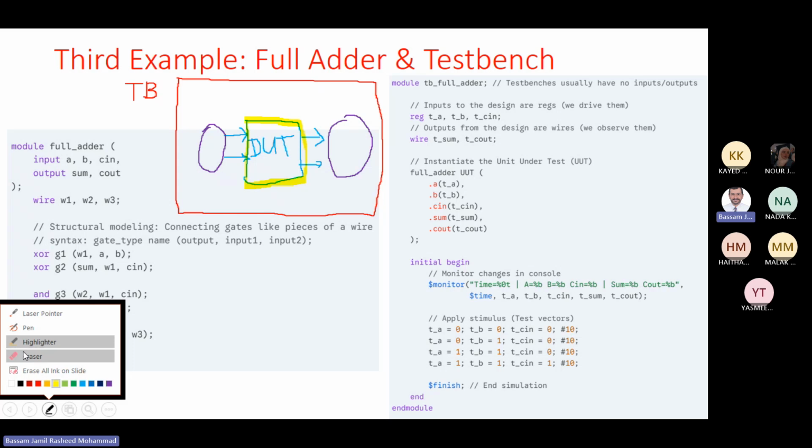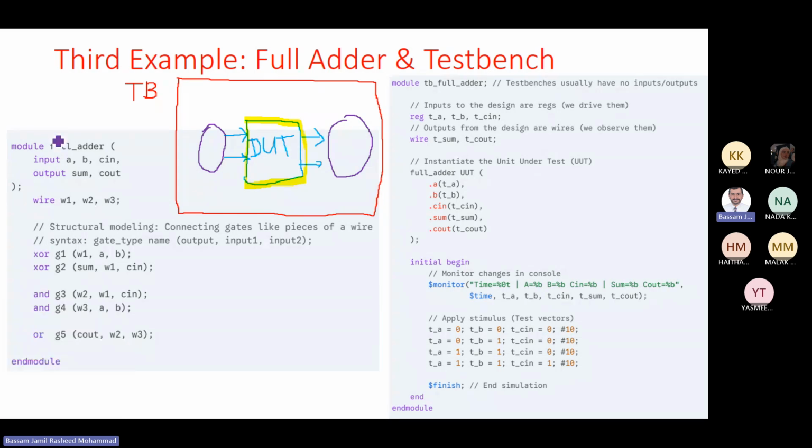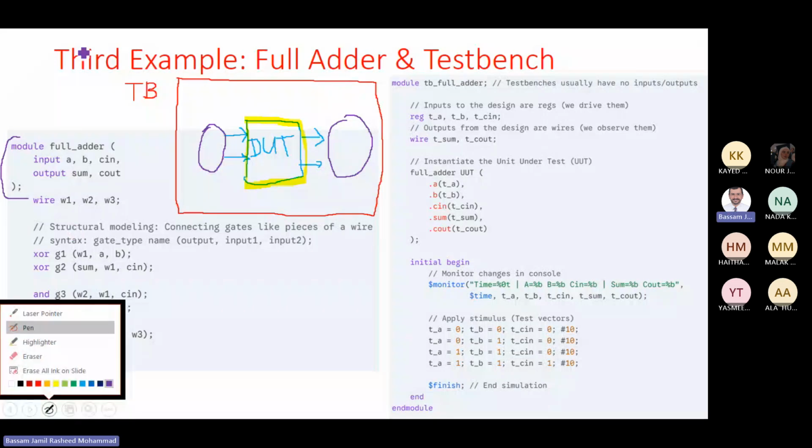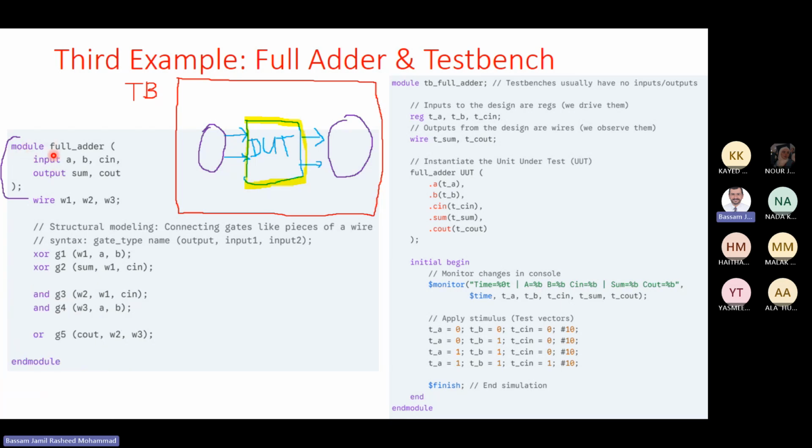Right. Let's see, what do I have here? I'm assuming I have a full adder here. Okay, so this is my full adder. Okay, this is the module, endmodule, the syntax, the name of the adder. What are the inputs for a full adder? Well, we studied the full adder, right? We know it has inputs A, B, Cin, and outputs sum and Cout.